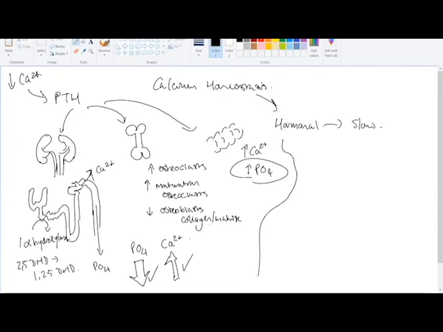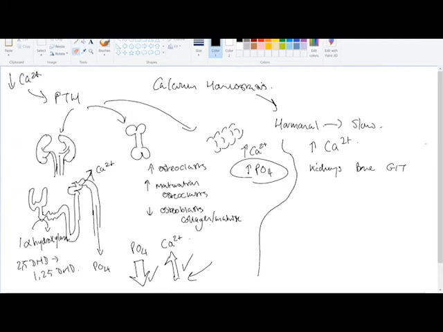In response to that increase of serum calcium that we've just generated here, I know I said I was going to leave calcitonin, but for completion's sake I should probably just do this. We're going to also affect kidneys, bone, GIT.